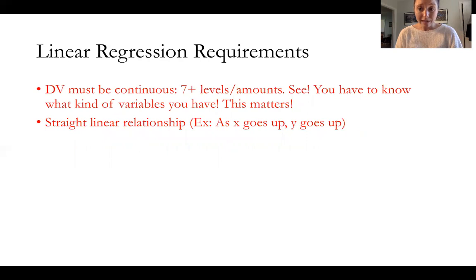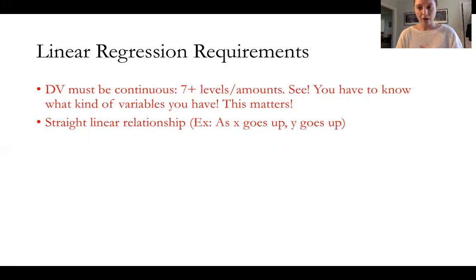To run a linear regression, there are a few requirements that have to be met with your data. First of all, your dependent variable must be continuous, which means in our class, it has 7 levels or amounts at least. So a percentage that ranges from 0 to 100, that's continuous.